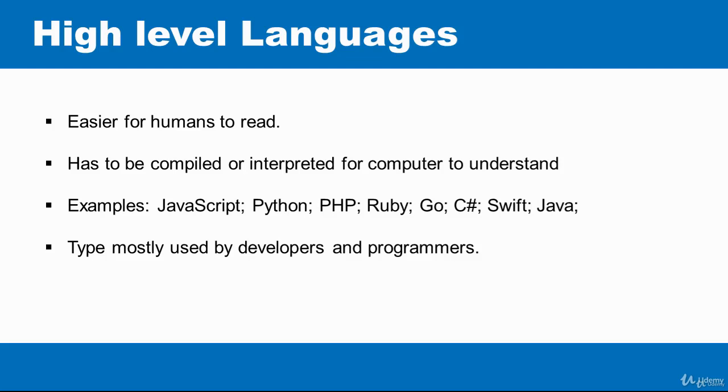What these two terms mean is that they have to be converted into machine code for the machine to understand the instructions. So high-level languages are what you're really going to be using when you are programming for a computer, or writing instructions for the computer to follow.